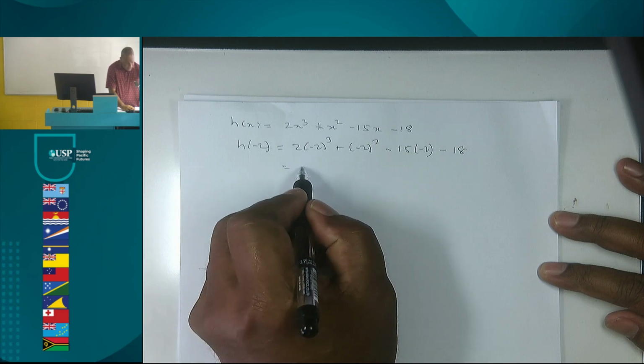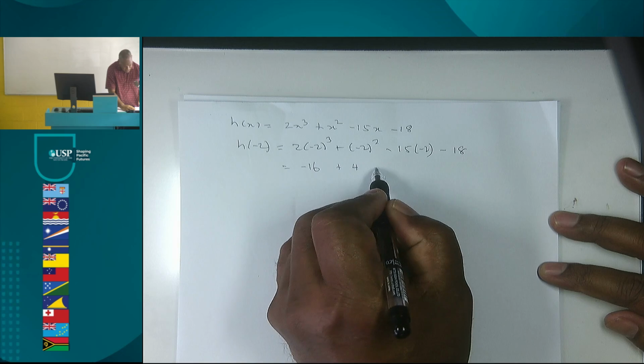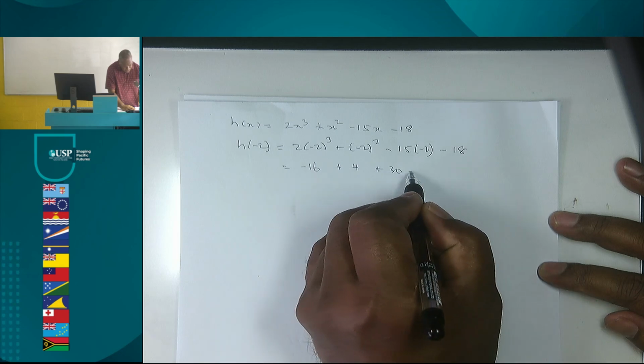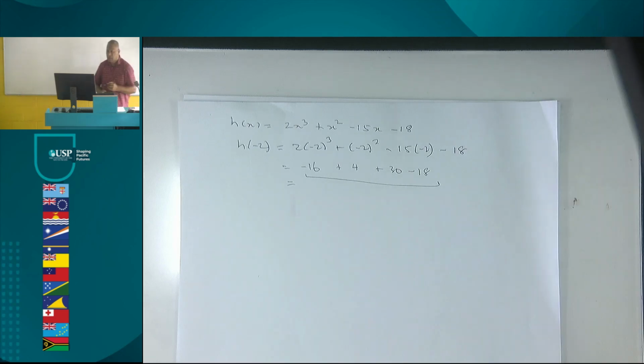This gives me negative 16. Someone solve this? What do we get? Negative 16 plus 4 plus 30 minus 18. We get 0. Agree?